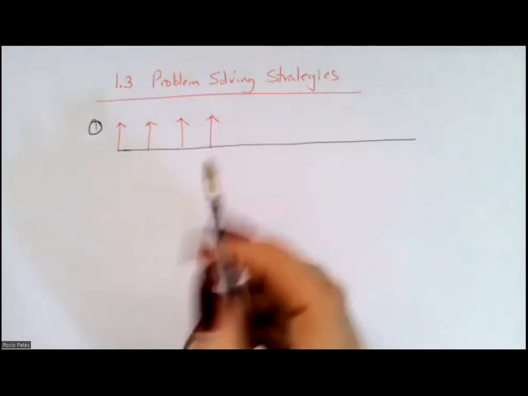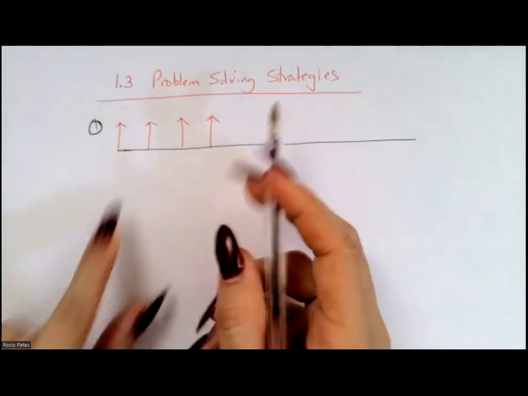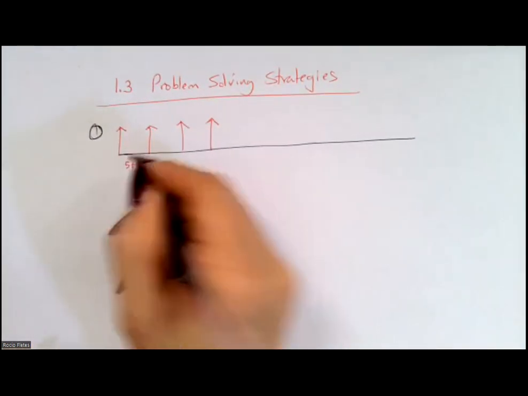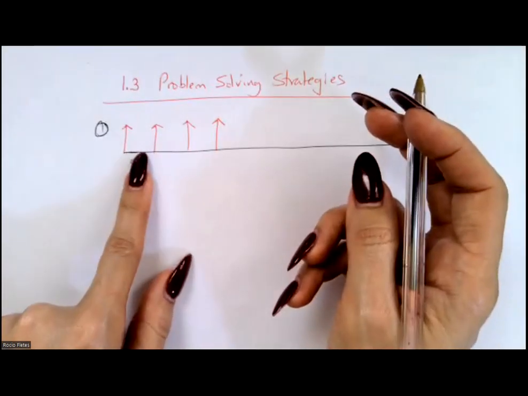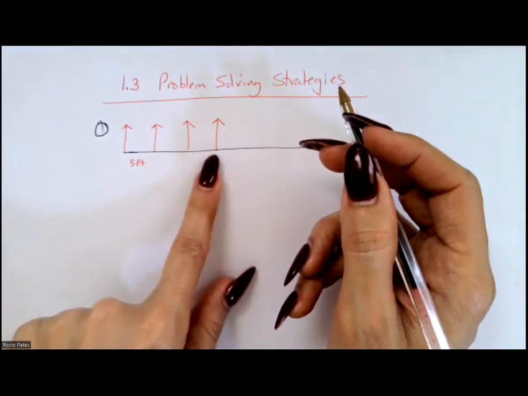So then we have to count how many. 15 of these spaces represent 5 feet each. So 5 times 15 gives us 75, so you need 15 of these spaces, right?